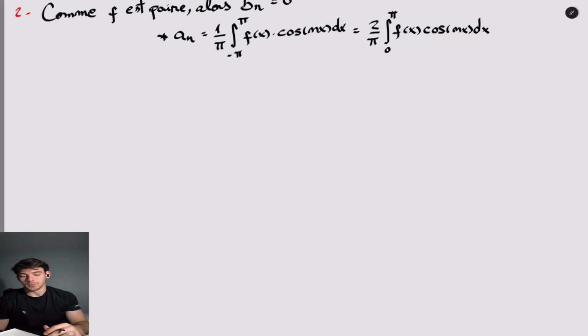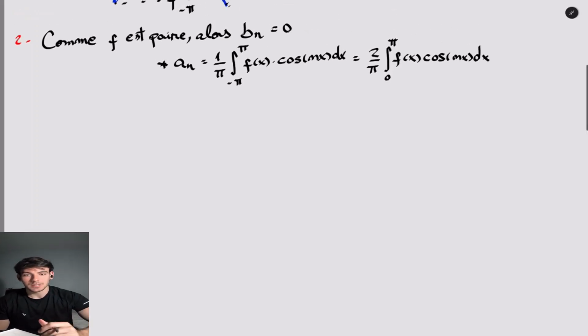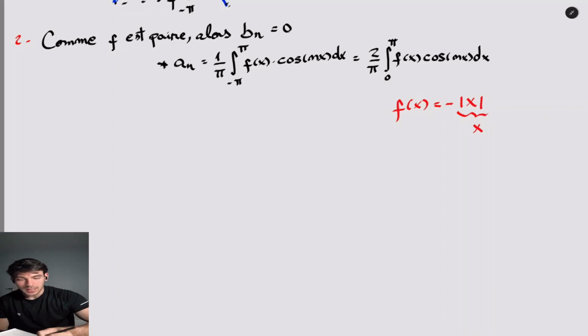All right, so what is our function f of x when x is positive? Because right now we are integrating between 0 and pi. So our function is f of x equals minus modulus of x. If the interval that we are integrating is positive, it means that modulus of x equals x.